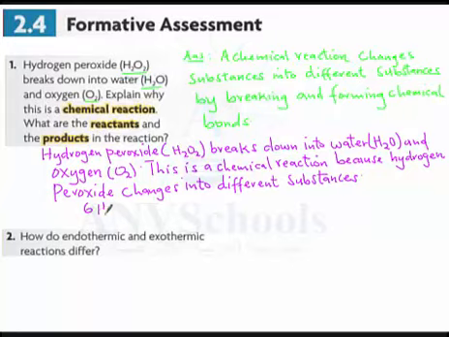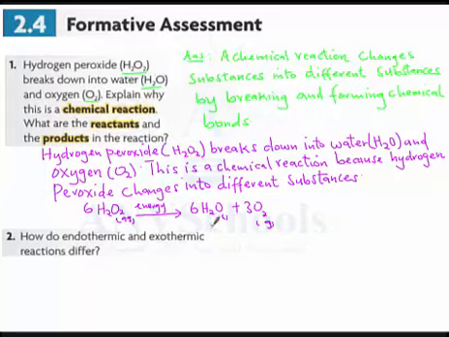If we have 6 molecules of hydrogen peroxide in aqueous form, in presence of energy, it is broken down to 6 molecules of water, which is a liquid, plus 3 molecules of oxygen, which is a gas.